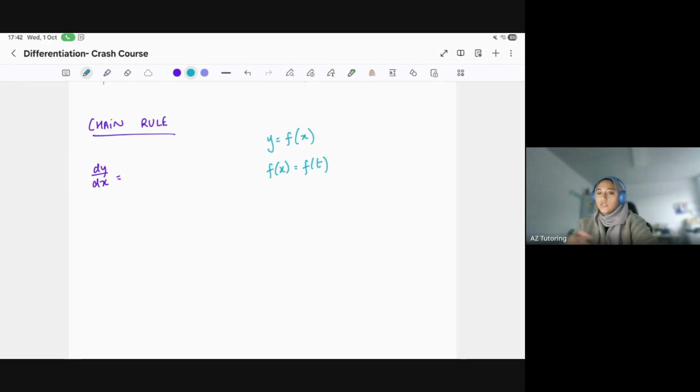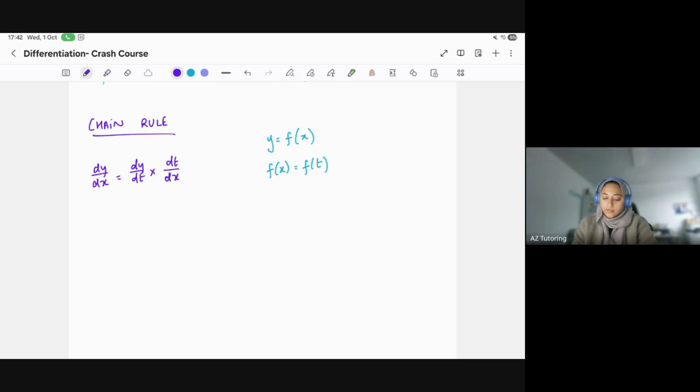So this will make more sense in an example. Some people use u, some people use t. It doesn't really matter. You just introduce a brand new variable. You can then differentiate this, so you can then differentiate your function that you've just figured out and plug it into the original to cancel out. I'll put it in an example so it makes more sense. But the basic rule is dy over dx equals dy over dt times dt over dx.